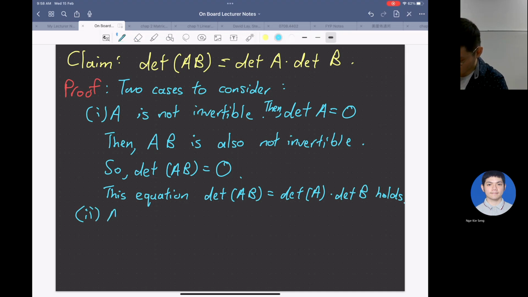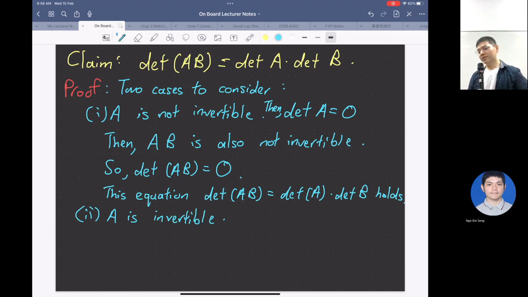Okay, next, suppose A is invertible. So what do we do if A is invertible?